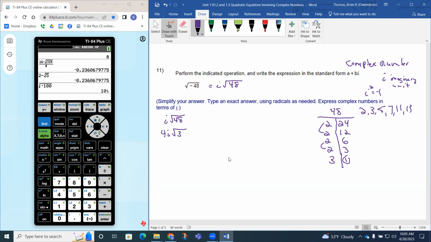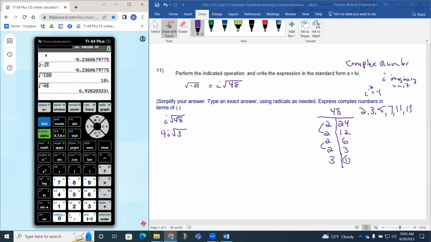If I use the calculator, since my calculator is already in complex number mode, if I do second, square root of -48, it'll give me, notice how it's got this little i on the end. You can also write this as i square root of 48 because you do have the imaginary unit here above the decimal point.